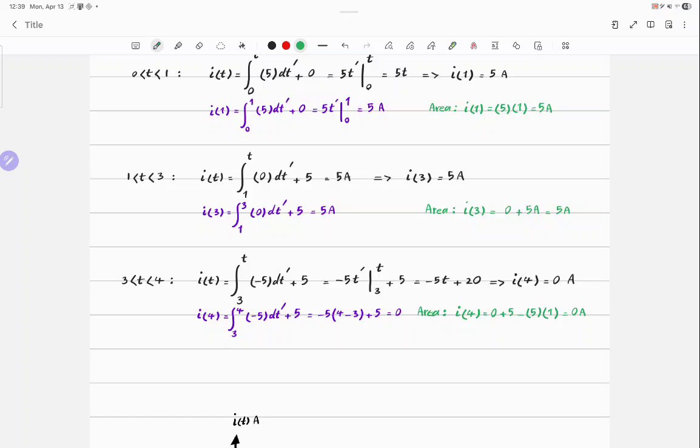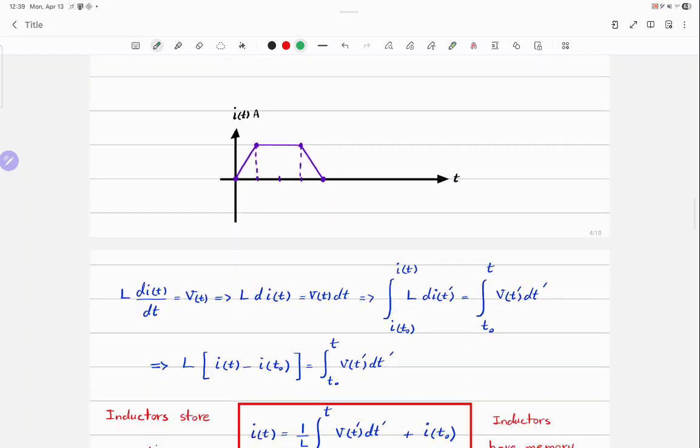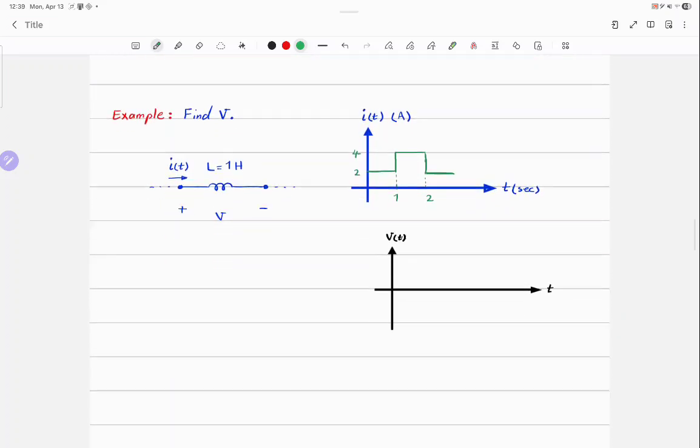Okay? But the purple one and the green one only work for very well-defined shapes. Otherwise, you have to do integration. Okay.